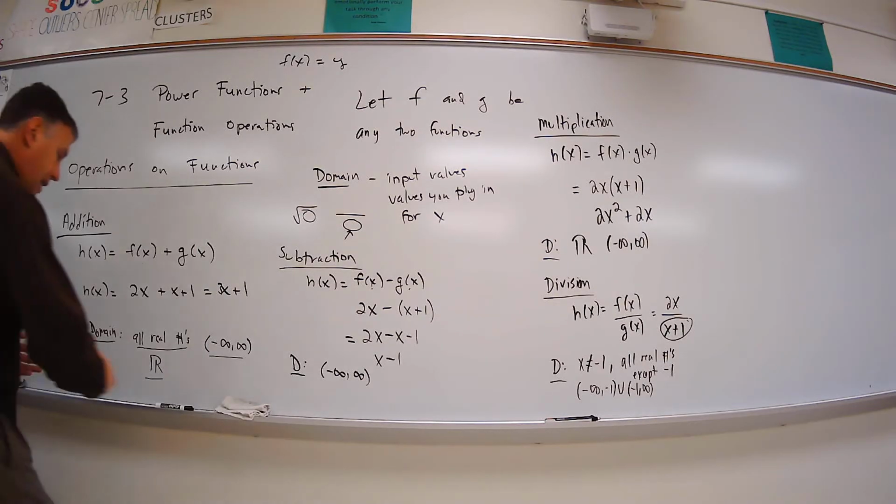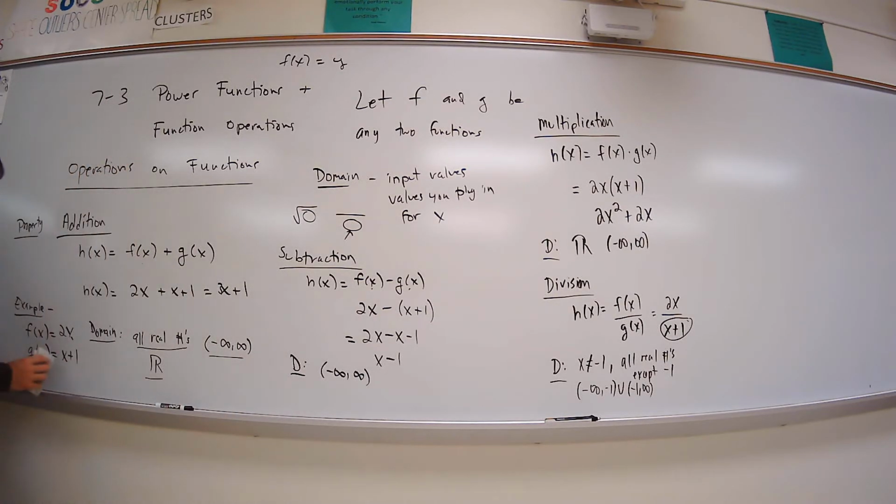Okay, so let me give you guys one to try. So I'm going to erase the f of x and g of x over here. And I'm going to make f of x equal to, let's see, what do I want to do? Let's make this x squared. And let's make, you know what, I'm going to do this.